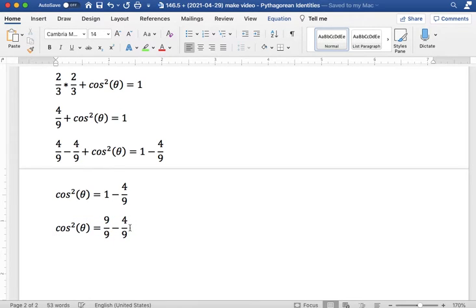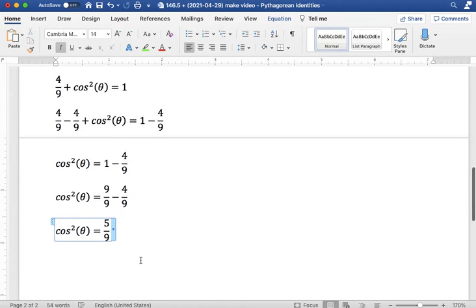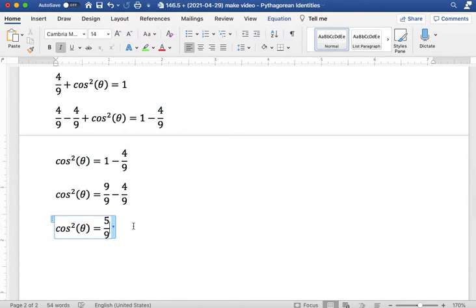So now that they have the same denominator, the way you subtract fractions is that the bottom stays the same and the top becomes 9 minus 4, or 5. All right, so finally you have cosine squared of theta is equal to 5/9.